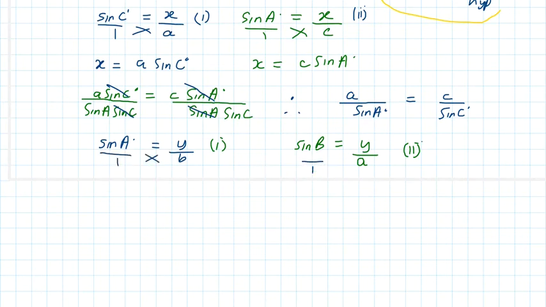So let's find the common link between these two equations. We cross multiply each term, and when we cross multiply, we make y the subject, because y is what's common between the two.